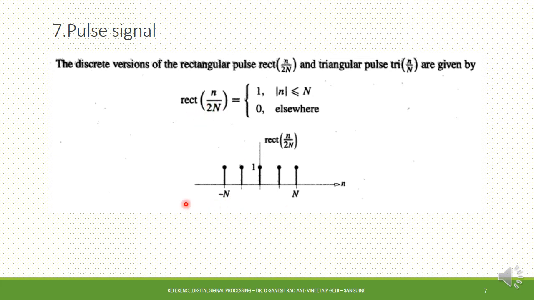Here n lies between minus N and plus N, and the value of rect of n by 2N is equal to 1 in between, so all the values are at 1. For other values it is equal to 0. This is the definition and the graphical representation of the discrete version of the rectangular pulse.